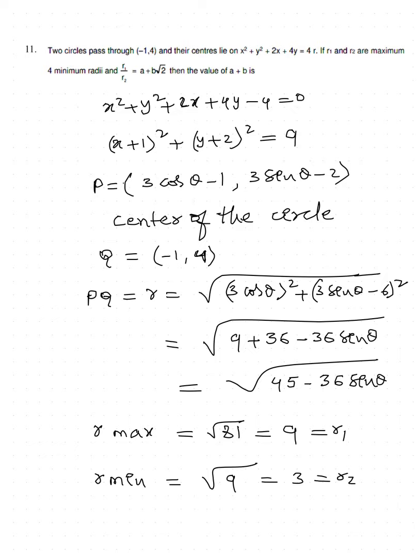We take this as R2. Now R1 upon R2 is equal to 9 by 3, which is 3. This 3 can be written as 3 plus 0 into root 2. So a is 3 and b is 0. They are asking a plus b, which is 3. So your answer is 3 here. This is question number 11.